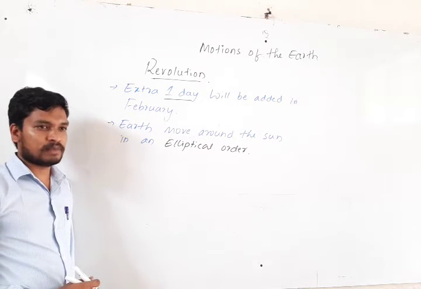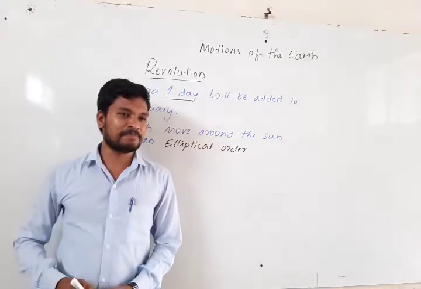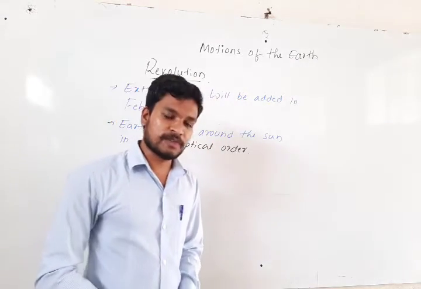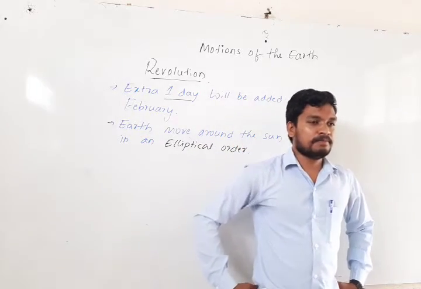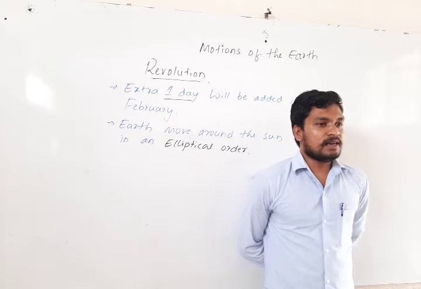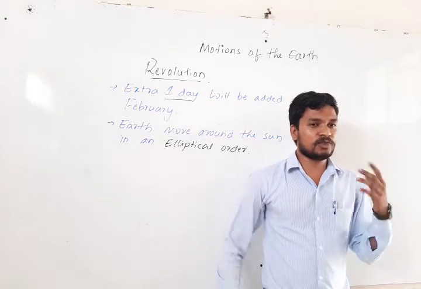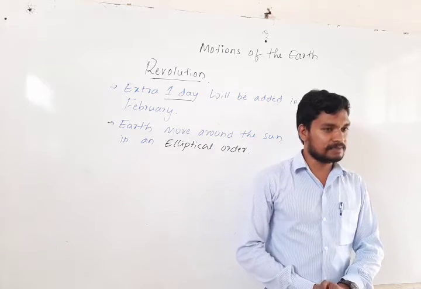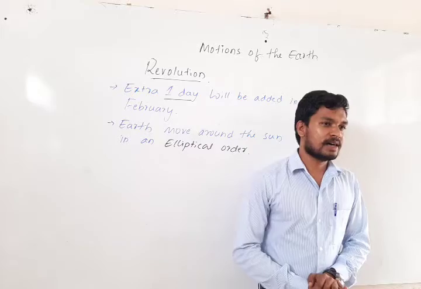Is that clear? In the beginning of the class, I asked you one question. What causes the different seasons on the Earth? That means what is the reason for having different seasons on the Earth's surface? For 4 months we will have a rainy season.